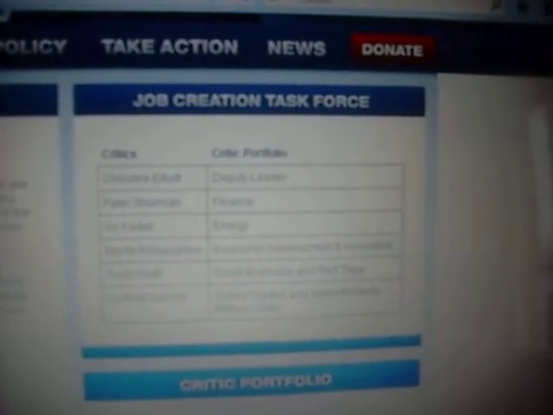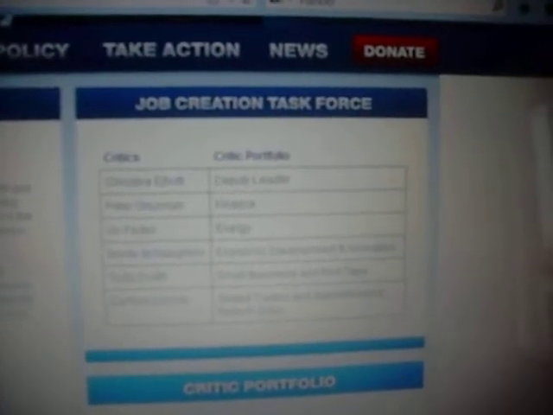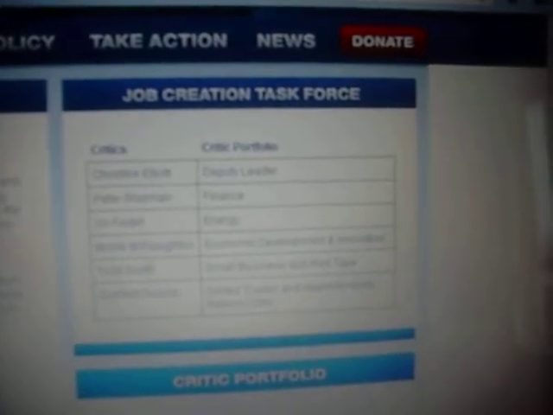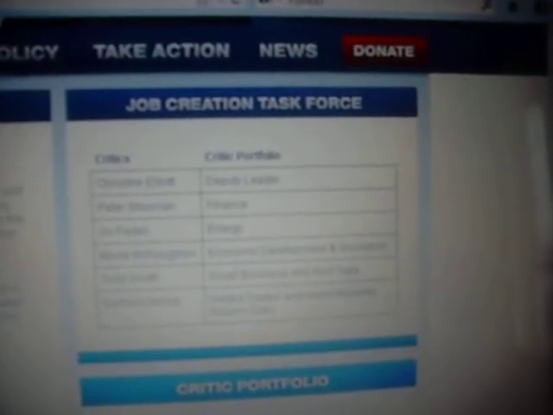Scroll down. Okay, now look at this. Who's actually working on job creation? Right? Look at this. Our team, that's nice. But who's working on job creation? What are you guys doing? Okay. Looks nice.